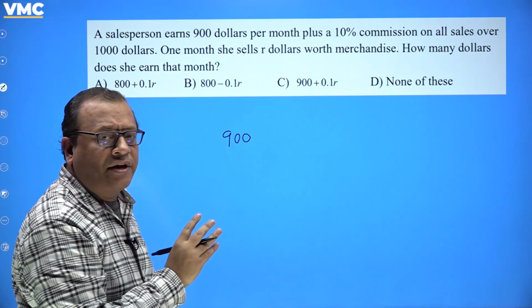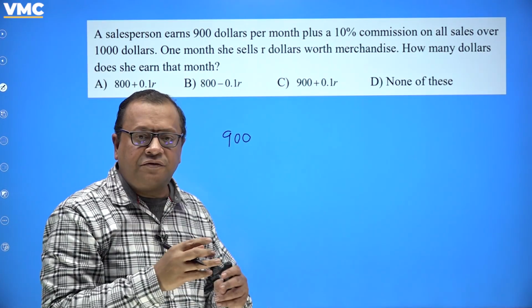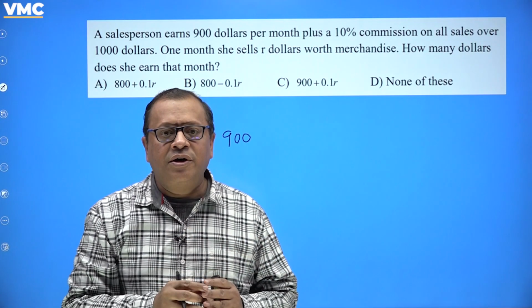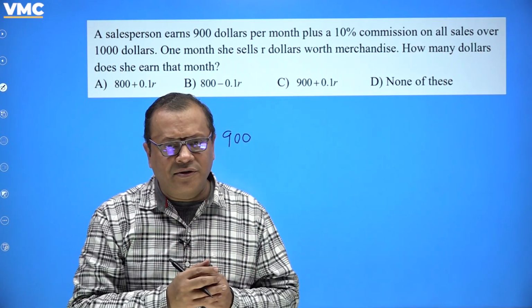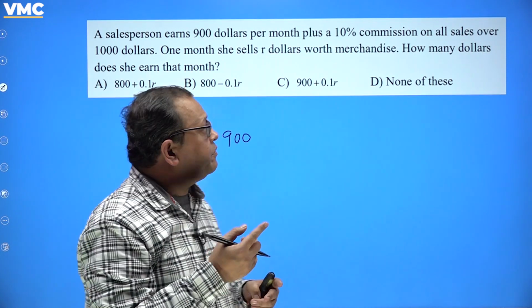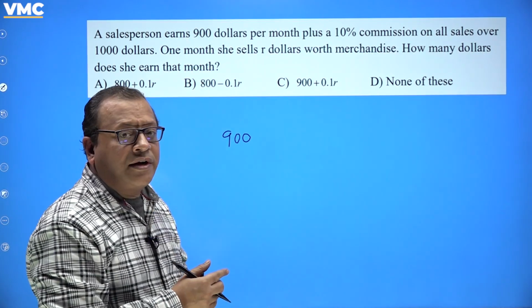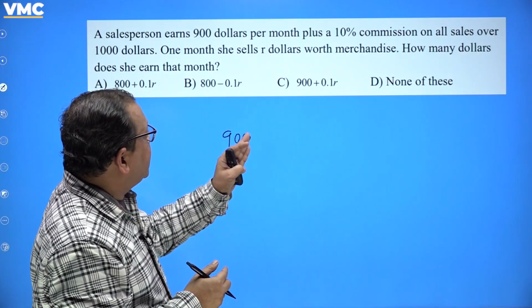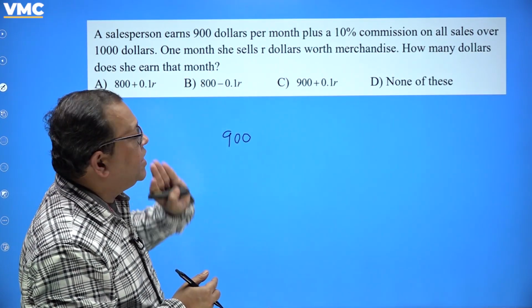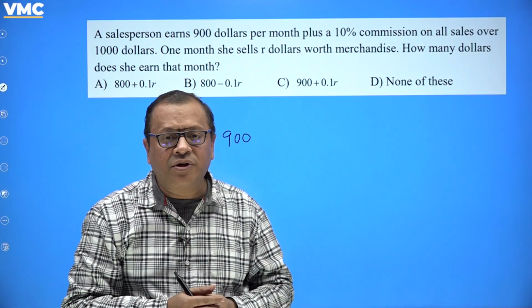Even if she does not work, she will still earn $900. Over and above, she gets a commission of 10% on all sales over $1,000. So she must have got some commission, and I can safely assume that R has to be more than 1,000.